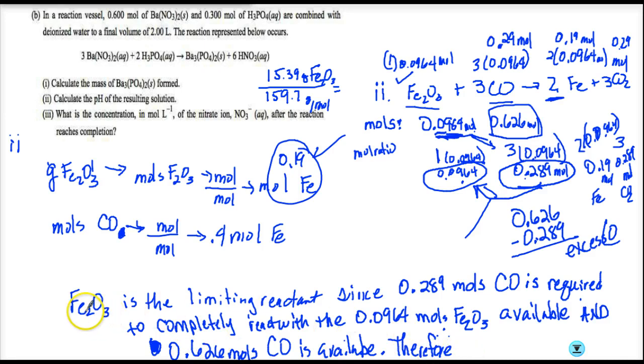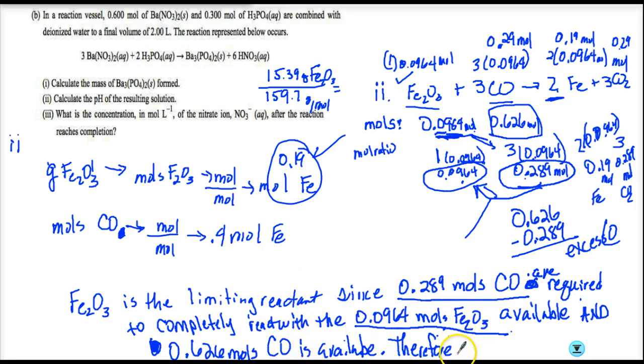Let's reread that. Fe2O3 is the limiting reactant since 0.029 moles of CO are required to completely react with the 0.094 moles of your limiting reactant available, and there are 6.026 moles of CO2 available.